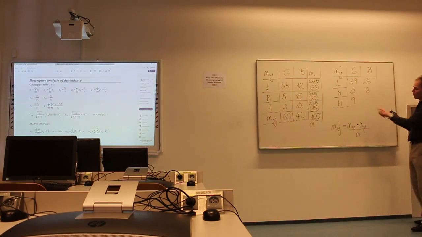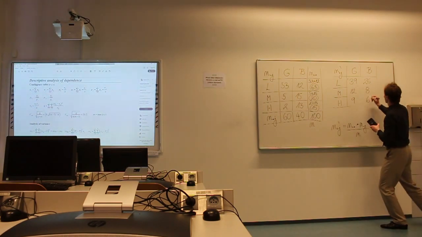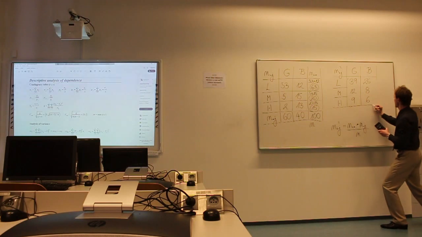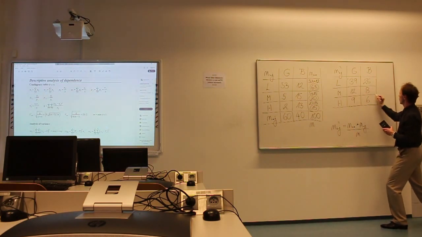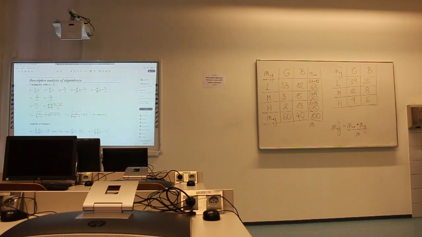And the final value, 15 times 40 divided by 100 is 6. Okay, so this is the table with expected frequencies, theoretical frequencies.